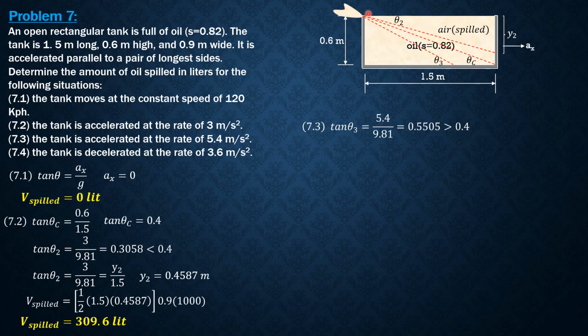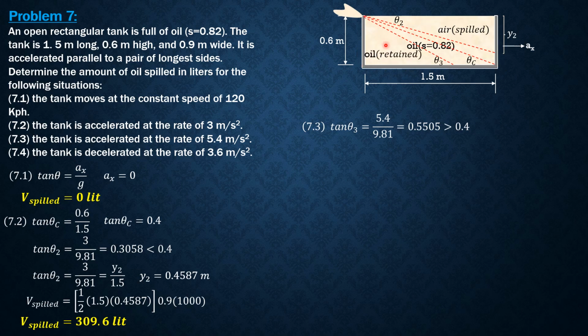And this is the volume of oil that is spilled, which is the area of a trapezoid times 0.9, but that's a long process to do. Instead, we will call this distance x, and let's compute for the volume retained. So the volume spilled is the original volume of oil in the tank, which is the full volume, minus the volume that is retained in the tank.